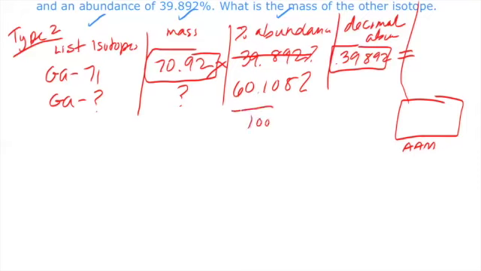Okay, so now that I know the percent abundance, I can change that to a decimal abundance, and I won't need this percent anymore. Okay, so that helped a little bit. We have some more information. Is there any way that we can figure out anything else on this chart? Anybody know where we could look to find the average atomic mass to help fill in that spot? We could look on the periodic table.